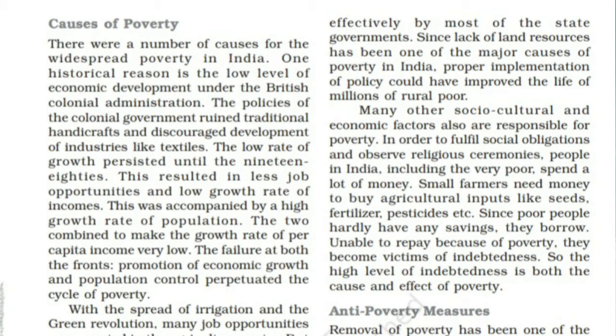At the same time, small farmers need money to buy agricultural inputs like seeds, fertilizers, pesticides, etc. But they were poor. The poor, especially rural people, had no savings. So what happened?